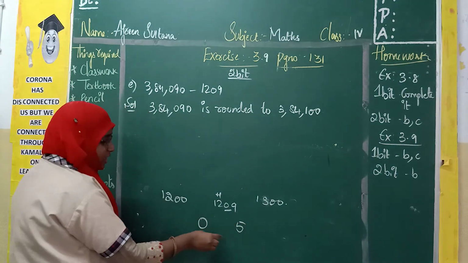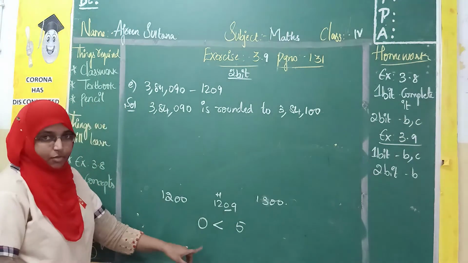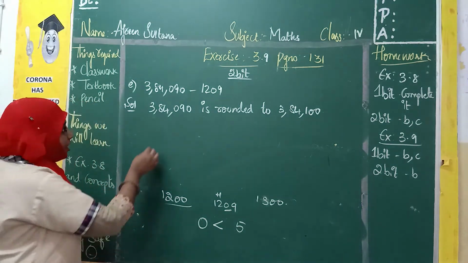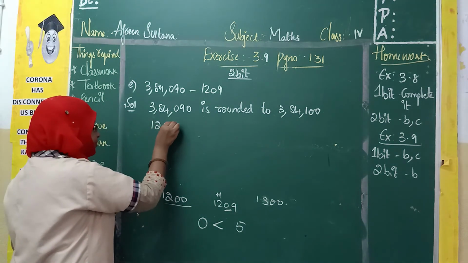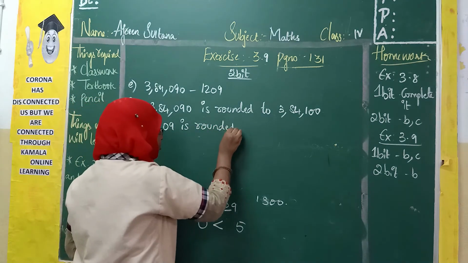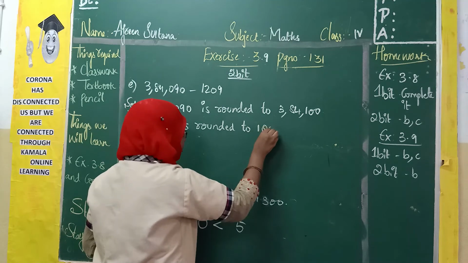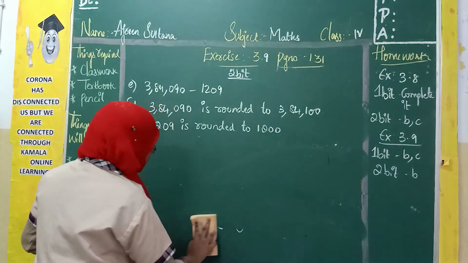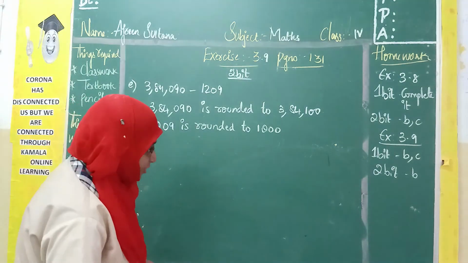You know that 0 is less than 5. Less than means the left side value, that is 1,200. So 1,209 is rounded to 1,200. Now it is very easy. Now we will easily find the estimated difference and the actual difference.